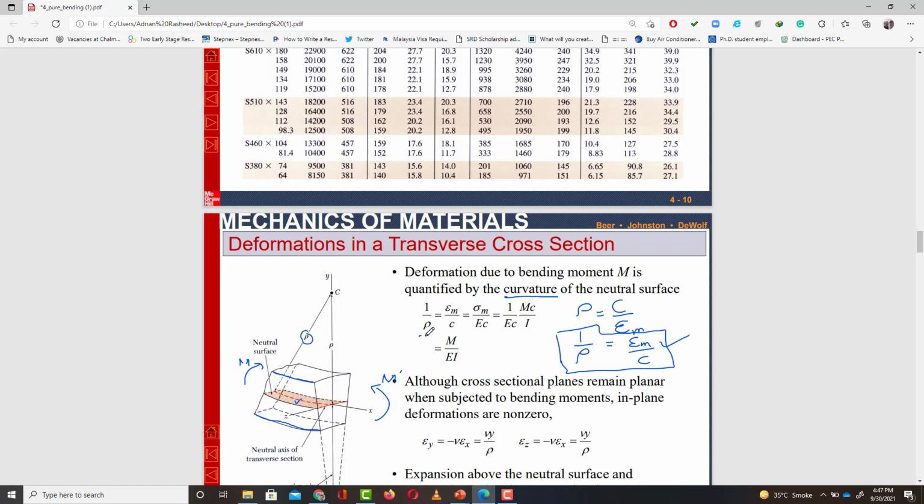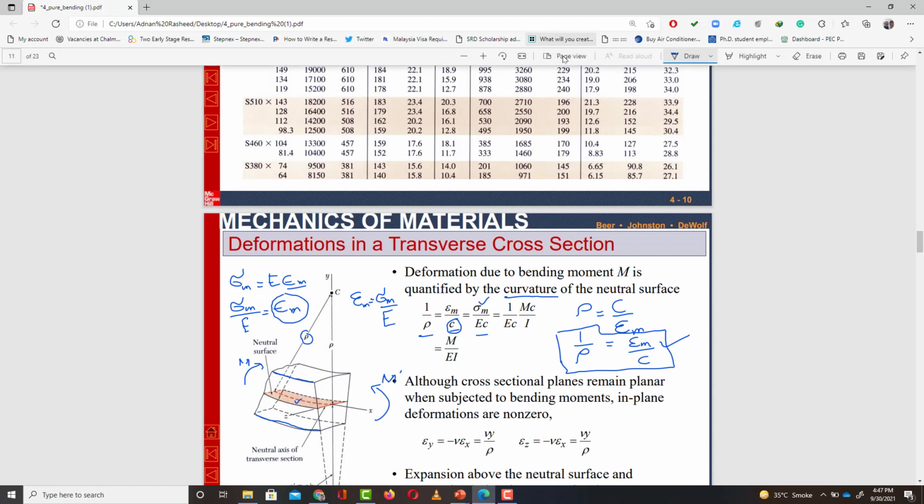You know that maximum stress is equal to E into epsilon m, so epsilon m will be equal to sigma m over E, which gives the maximum strain. Putting this value in, 1 over rho becomes sigma m over Ec.